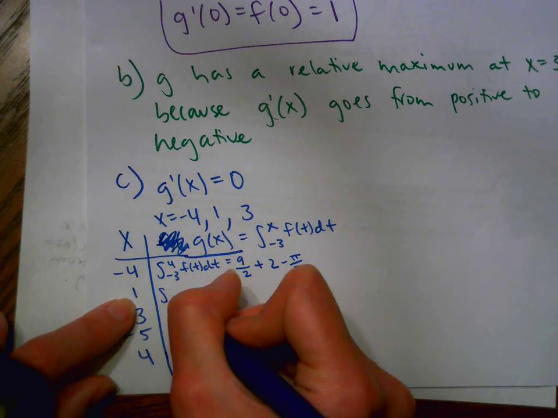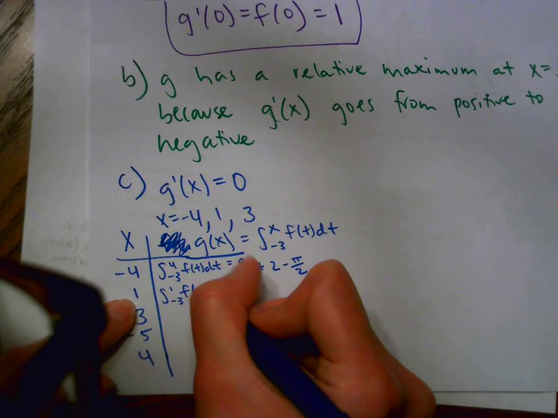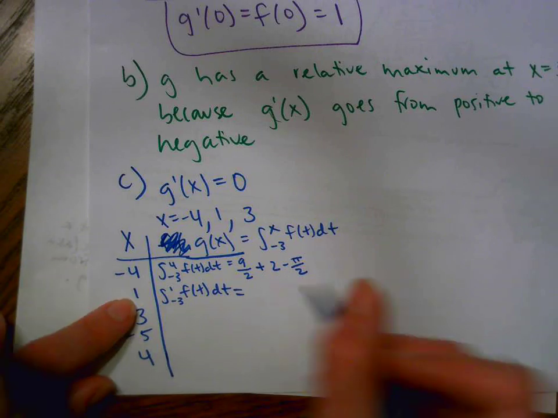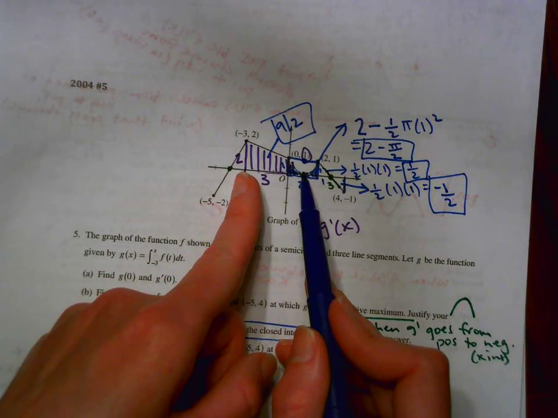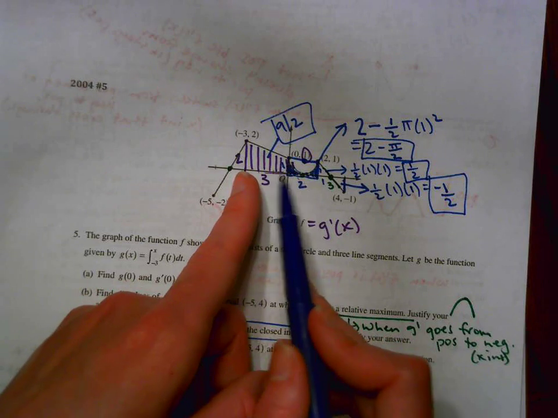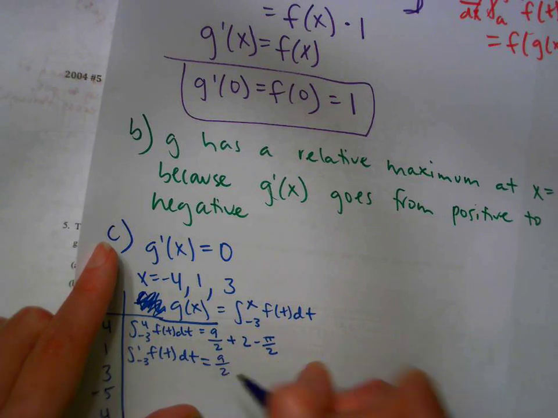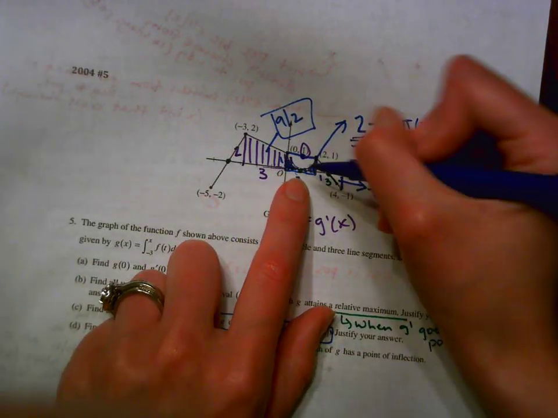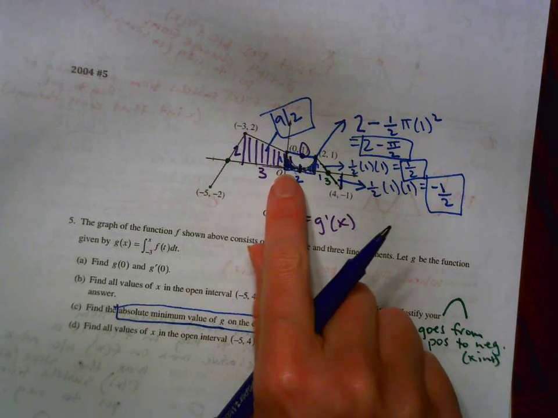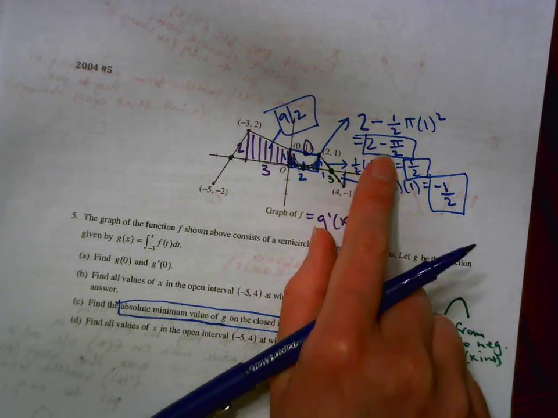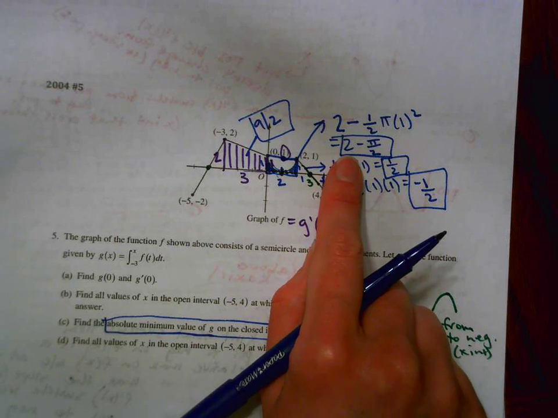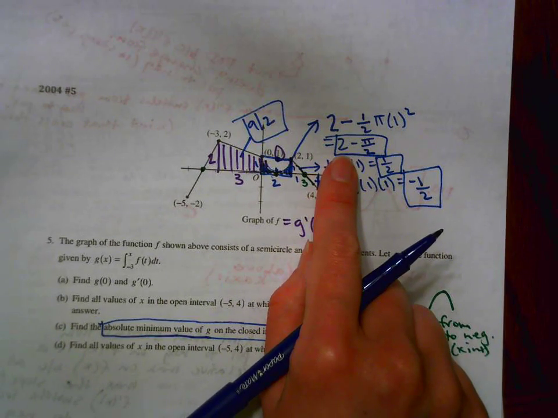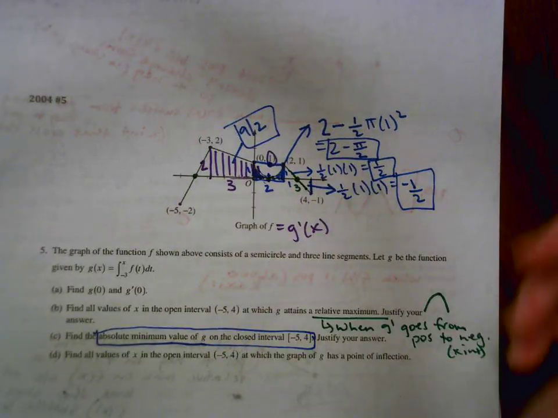Here, we're going to do the integral from -3 to 1. -3 is here, 1 is here. We know -3 to 0 is 9/2. And then we have 0 to 1, so that's half of this area. I'm trying to think the best way to write this out.